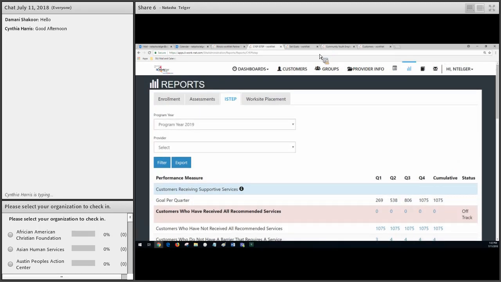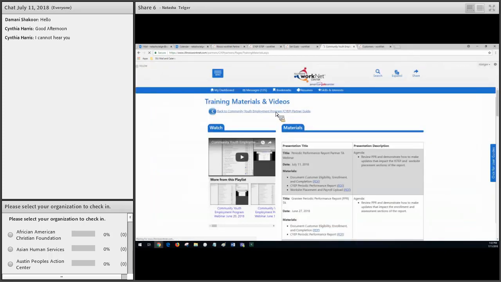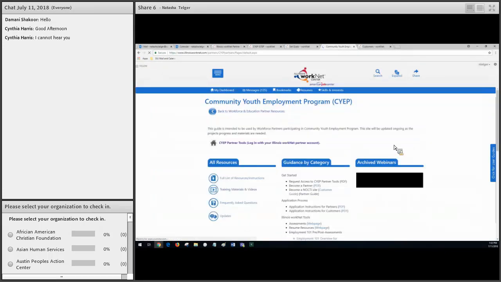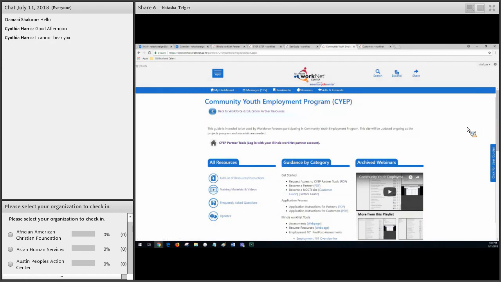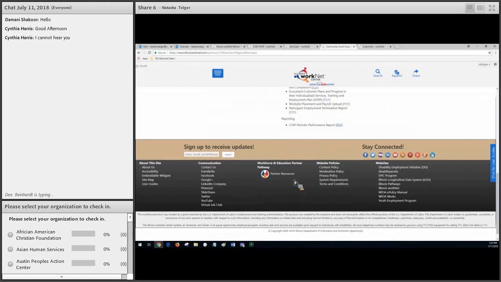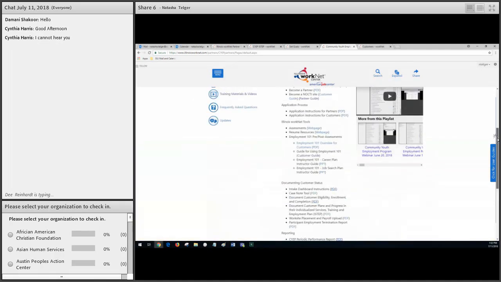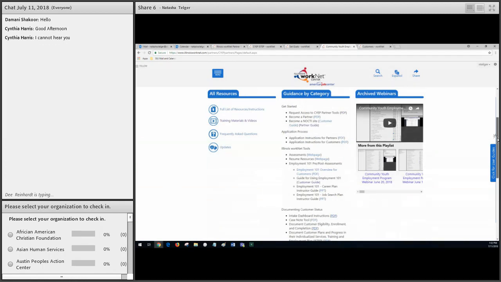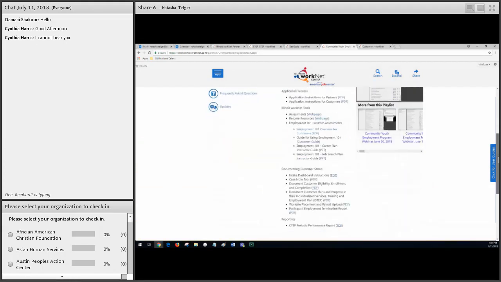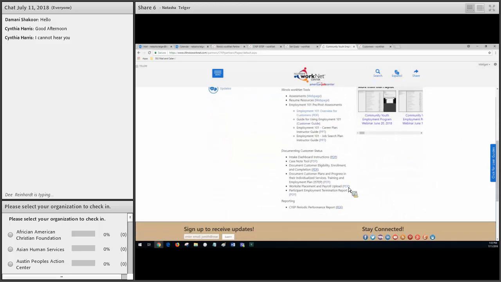Okay. So I just want to start out real quick so everybody knows where we are with a lot of this information. Don't want to assume that everybody knows how to find this. We have the Community Youth Employment Program tools. You can always access our partner resources from the footer of Illinois WorkNet. We do have a full list of resources and trainings and update information.